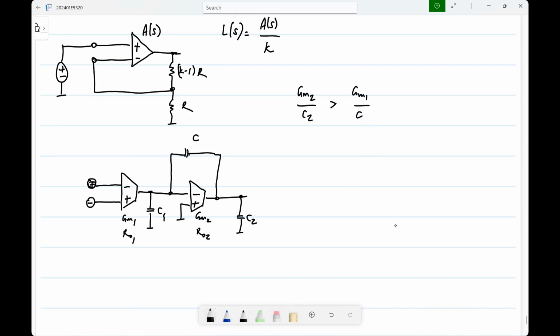Now, of course, this is the unity gain frequency of the op-amp. This is the unity gain frequency of the inner op-amp.